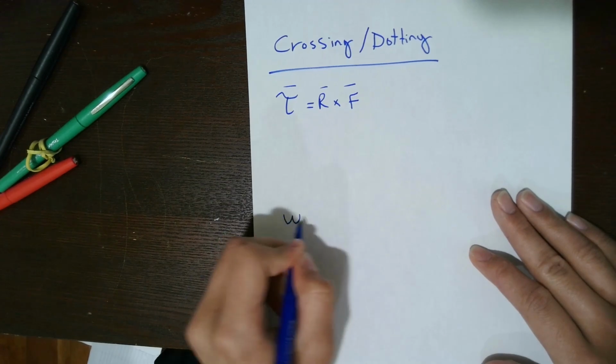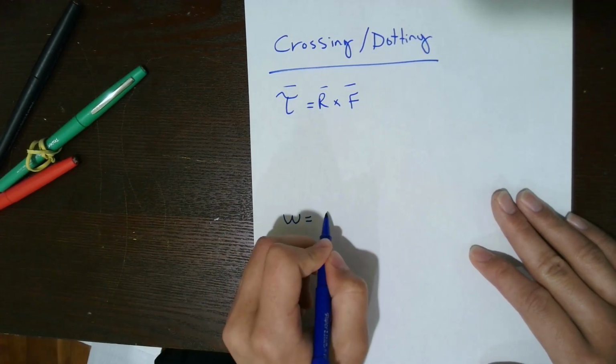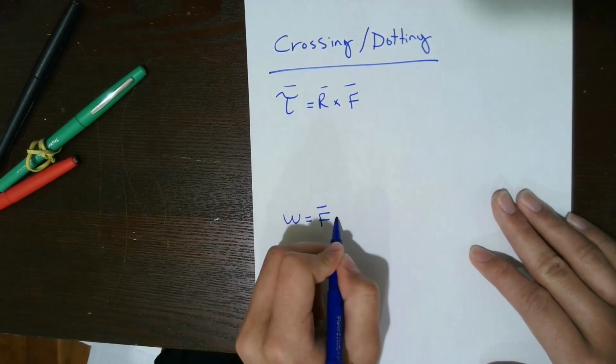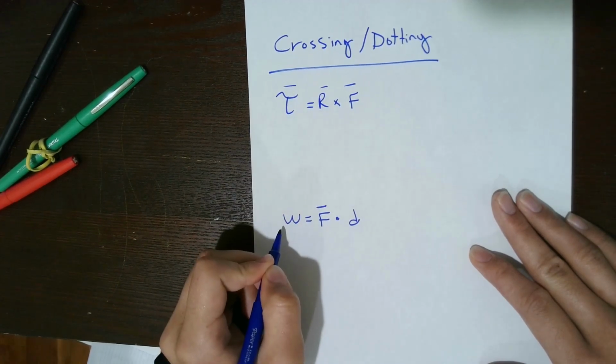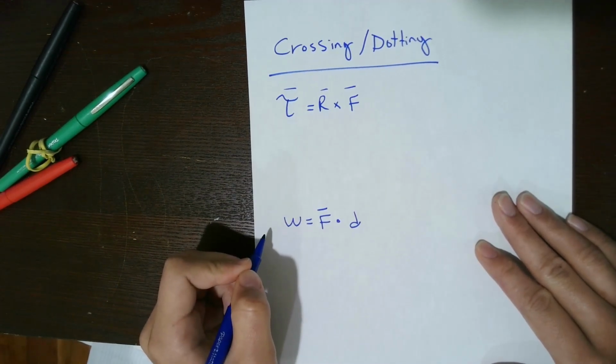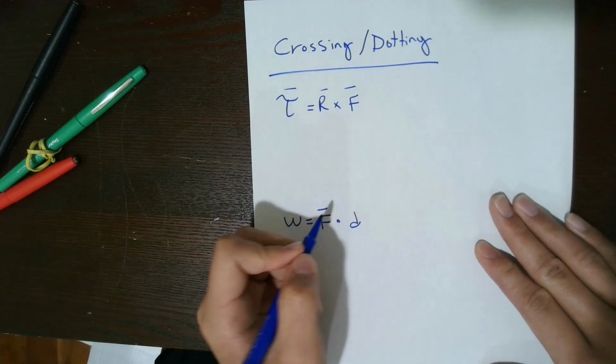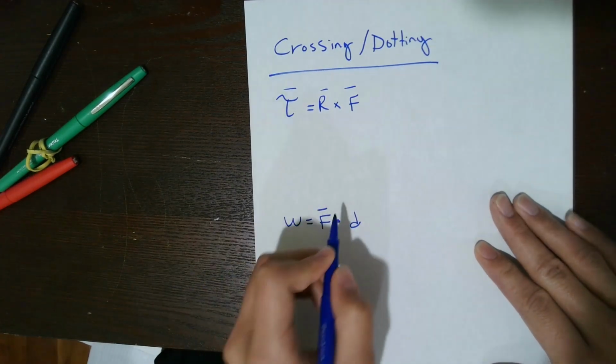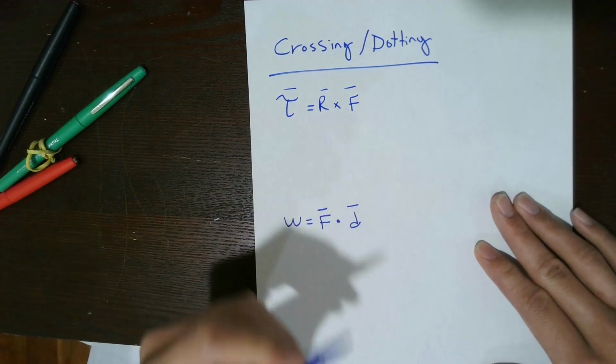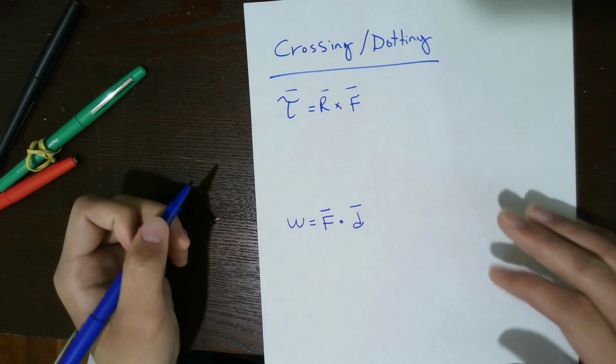You can also calculate work. Work is equal to force F dot D. Work is energy. It's measured in joules or kilojoules, and energy is the ability to do work, rather.